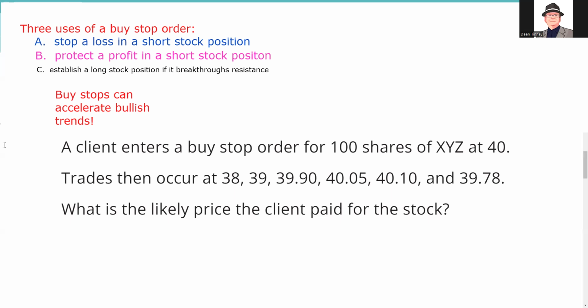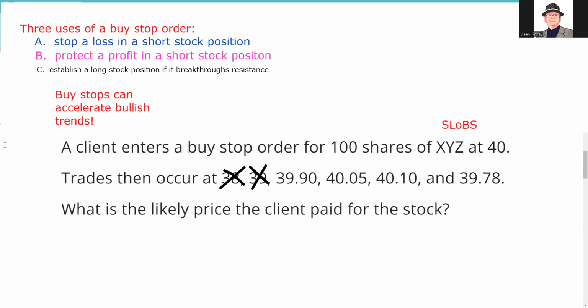So trades then occur. We're watching the tape go by. We see a trade at 38. Now, remember, we have followed the convention here: sell stops, sell limits, and buy stops are placed above the current market price. So our first trade is 38, nothing happens, right? If there are no trades at or through 40, it never becomes a live order. Next trade we see on the tape is 39. Again, my contingency, my qualifier, has not been met.